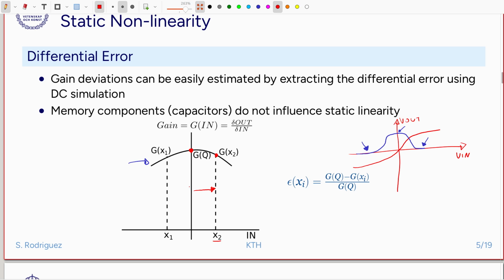We can do the same for the negative excursion, which will produce a different gain, so we can calculate these errors, and these errors are going to be very handy. This is done very easily because to extract this curve we just need a DC sweep simulation, so extracting these errors is very simple.